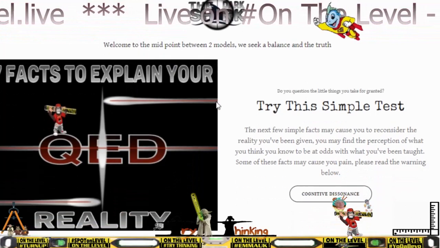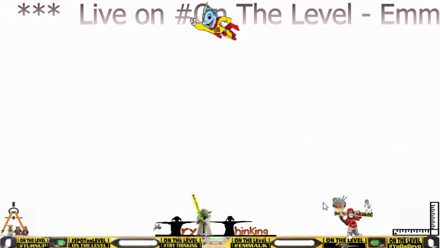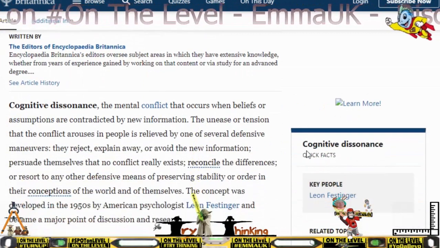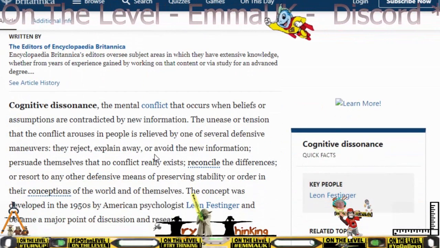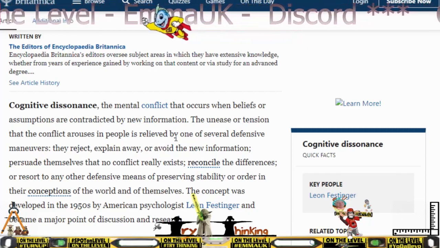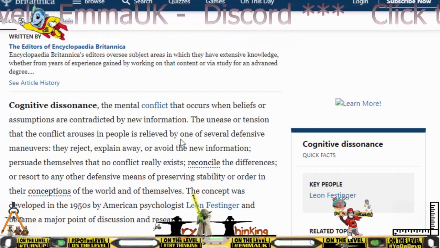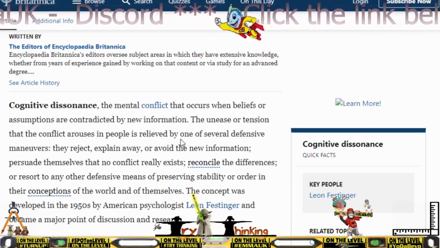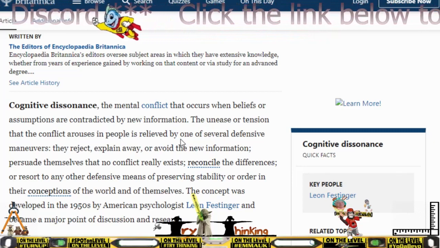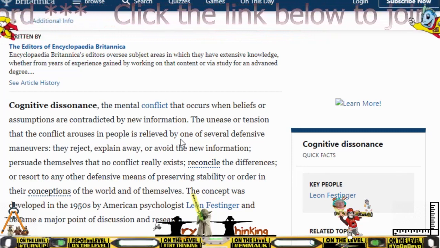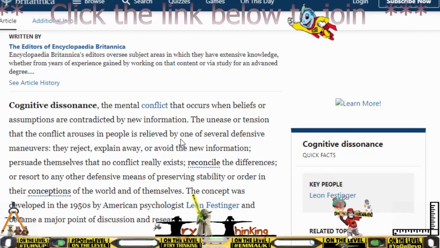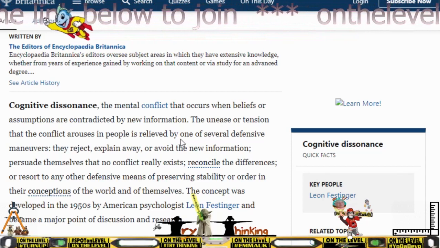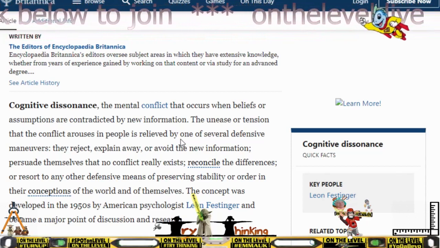So the first bit is cognitive dissonance. You've heard of it. Cognitive dissonance is a mental conflict that occurs when beliefs or assumptions are contradicted by new information. The unease or tension that the conflict arouses in people is relieved by one of several defensive maneuvers.